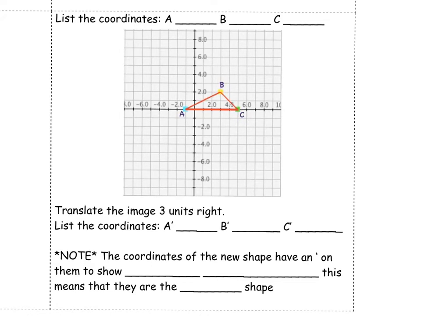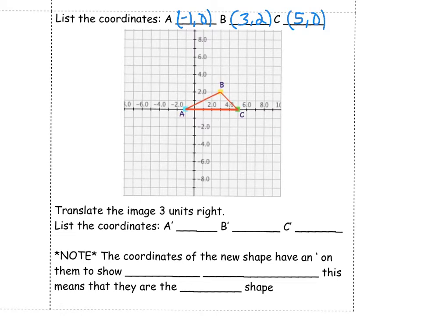Our first example today wants us to simply list the coordinates of the triangle that we're given. I notice that point A is at -1, 0. B is at 3, 2. And C is at 5, 0.